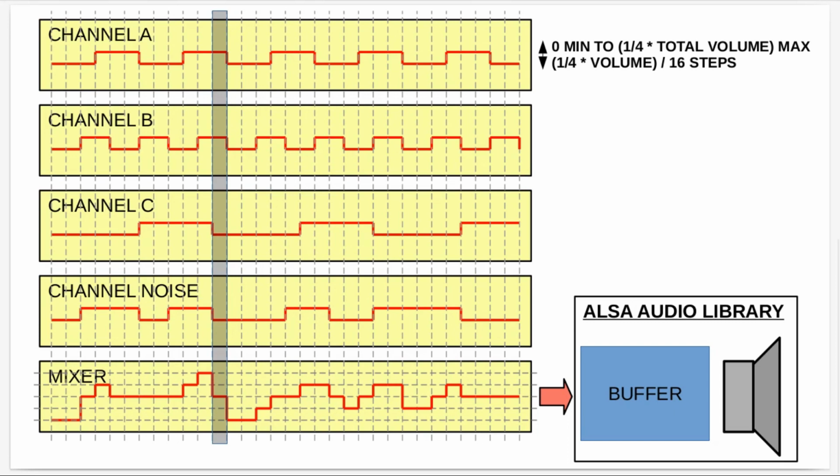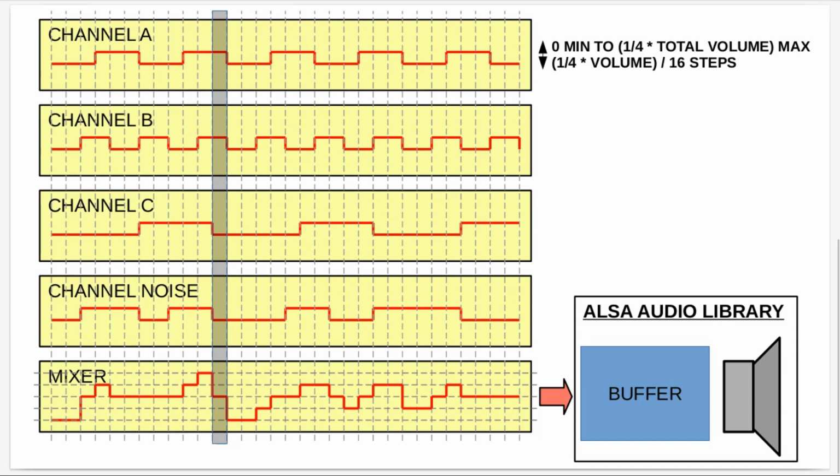And because when you mix things together, basically it's doing a basic arithmetic addition of the waves, any individual channel, as I've got effectively 4 channels, the 3 tone channels and a noise channel, has to be maximum 1/4 of the overall volume of the output of the audio device. And I'll go through why that is here.